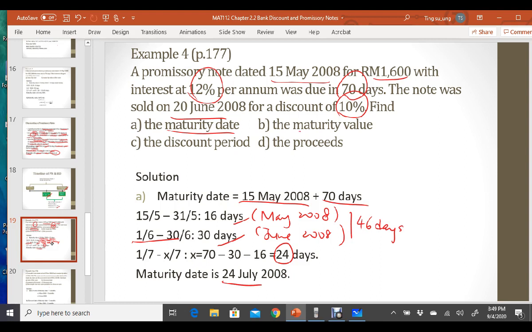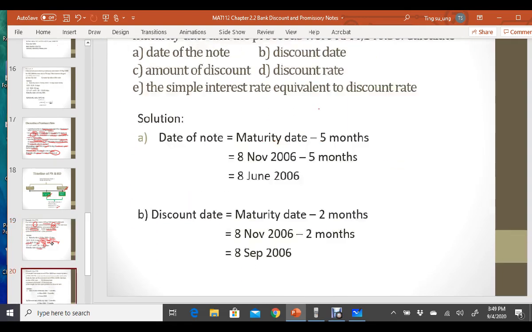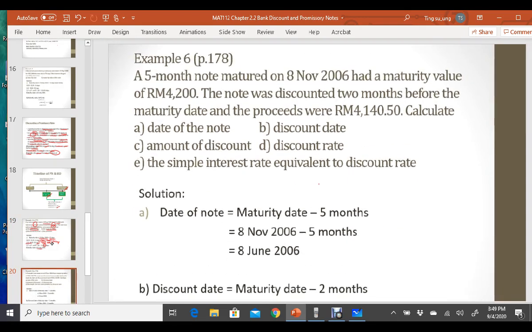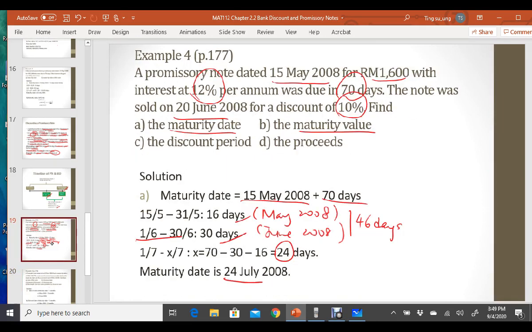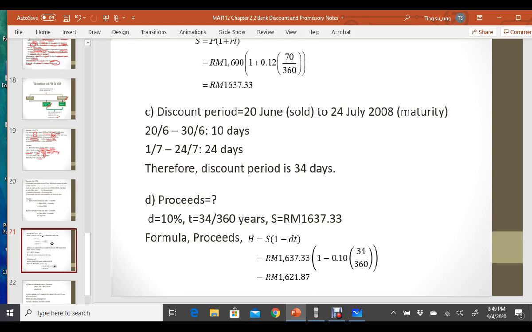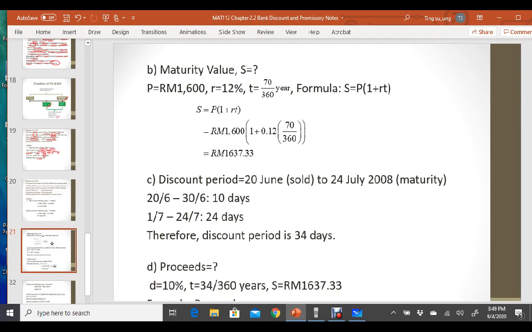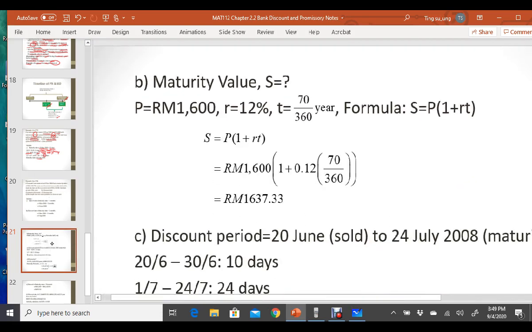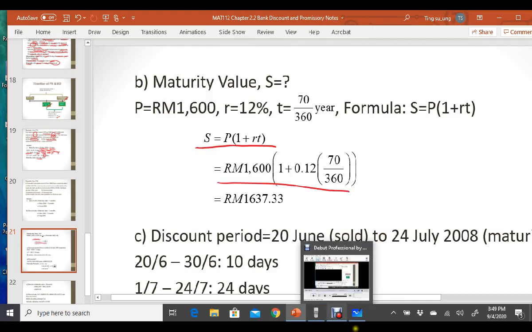Now, how about the maturity value then? The maturity value will be using S = P(1 + RT). Substitute everything, so you get your answer.